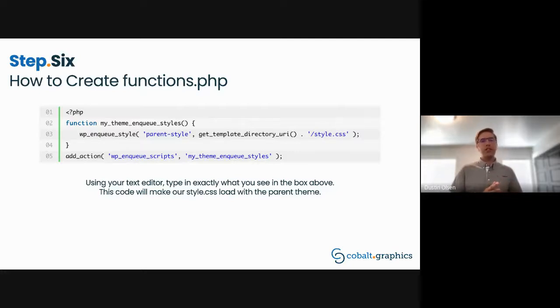With CSS, you could do includes and all that stuff, but that's no longer good practice. They suggest that you use some PHP code to add your child theme CSS file to your parent theme. And this is what that would look like. Just 5 lines of code, and that's it.